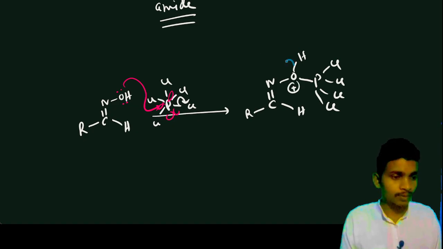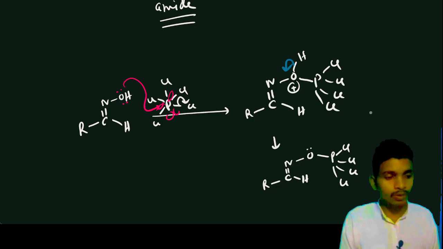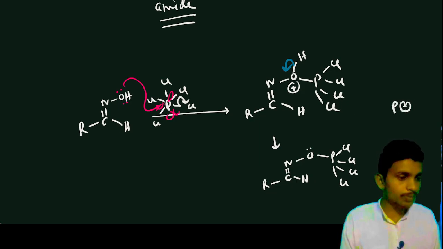After that, R–C double bond N, this is going to be H, and this is going to be the O, with a lone pair, then P, Cl, Cl, Cl, and Cl. Now we know that P loves oxygen. The P–O bond is a very strong bond.